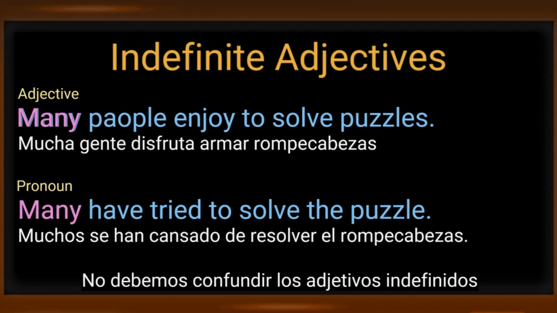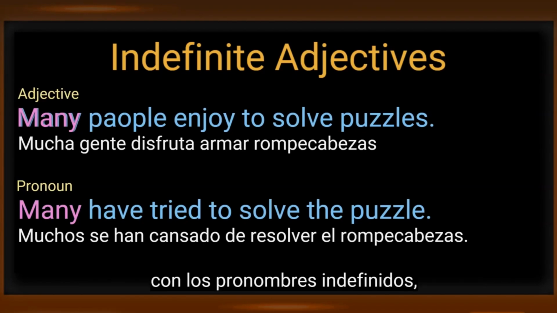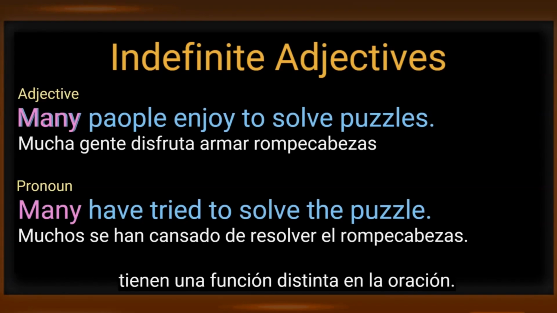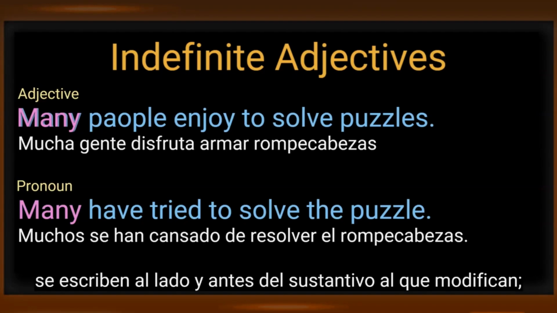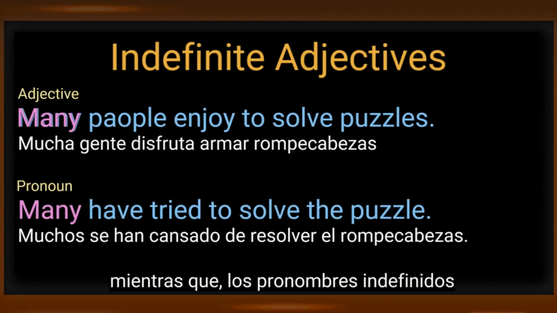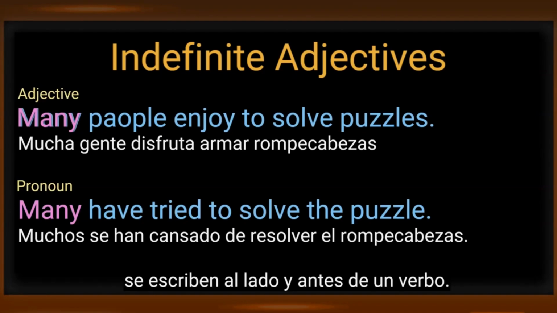We must not confuse indefinite adjectives with indefinite pronouns, since, although they are written in the same way, they have a different function in the sentence. Note that indefinite adjectives are written beside and before the noun they modify, meanwhile indefinite pronouns are written beside and before a verb.